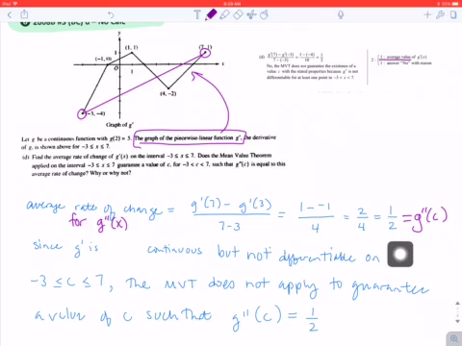What'd you say? I couldn't hear. Why is it g prime of 3 but not -3? That's a good question. It should be -3, should it not? Which would make this, let's see. Yeah, for the next part it doesn't matter, but let's see. That should be negative.